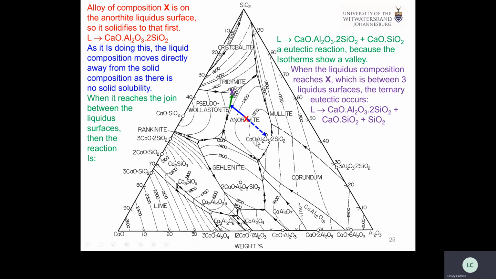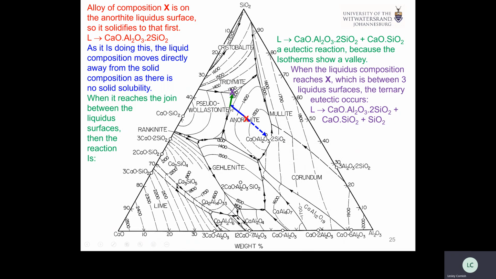And because there's no solid solubility in this, we know exactly the direction that the liquid is going to run. Because it's forming this phase, it's going to run directly away from it. So I've dotted that, and the liquid composition is running down here. All the time, this is being solidified.